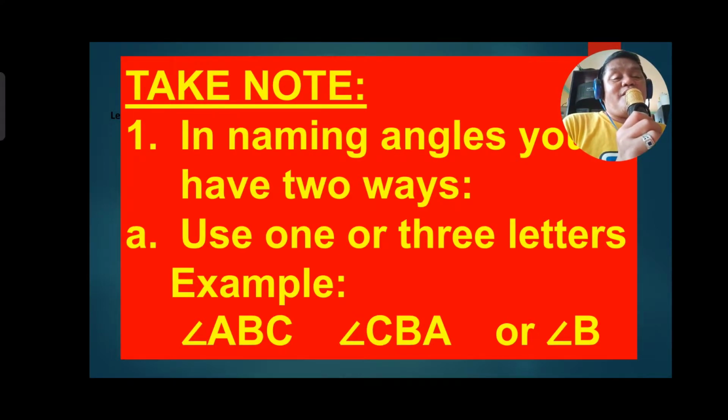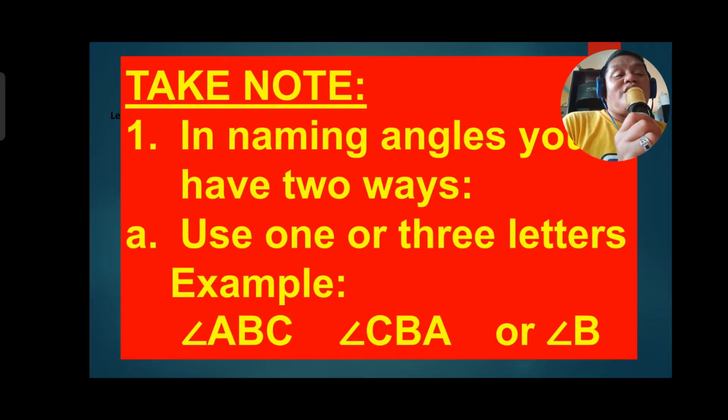You can also rename the three-letter angle using only one letter, angle B, which is usually the center letter, the intersection of the two sides of the angle, or the vertex.